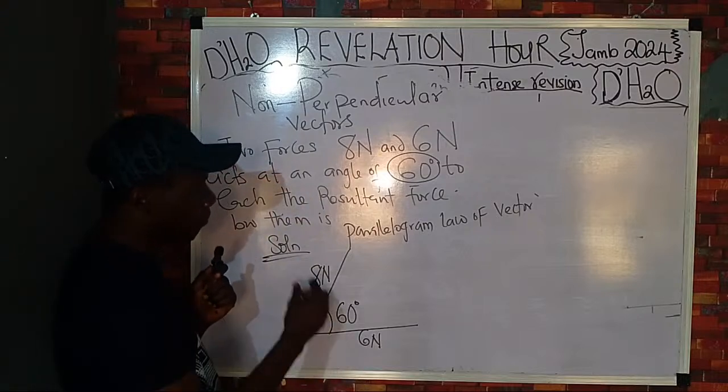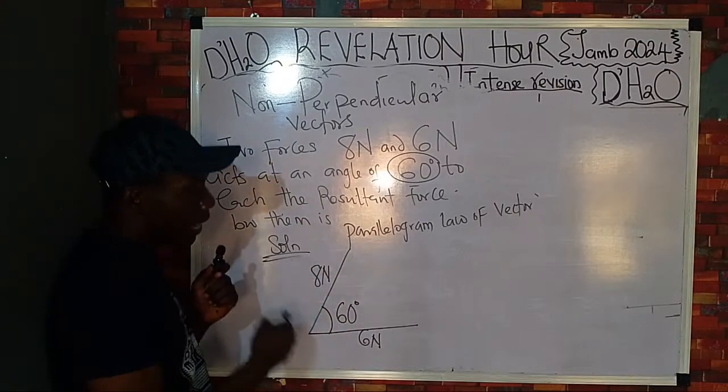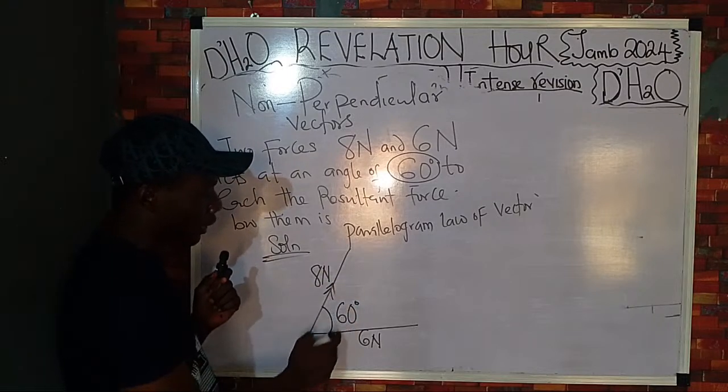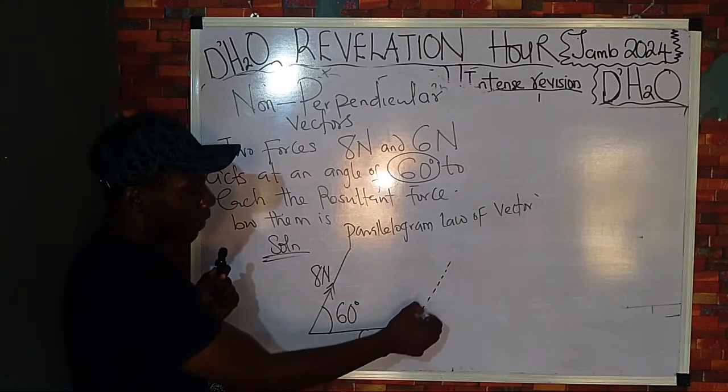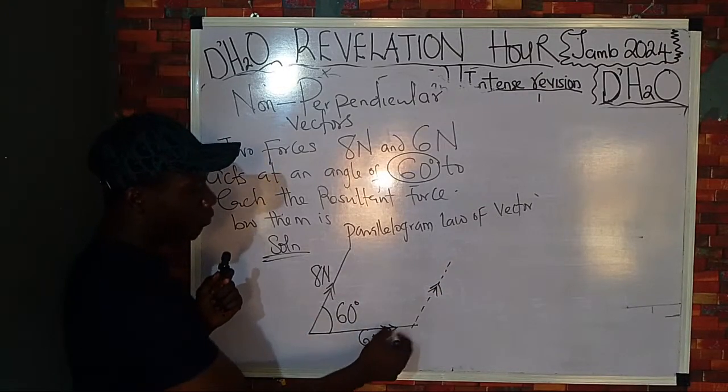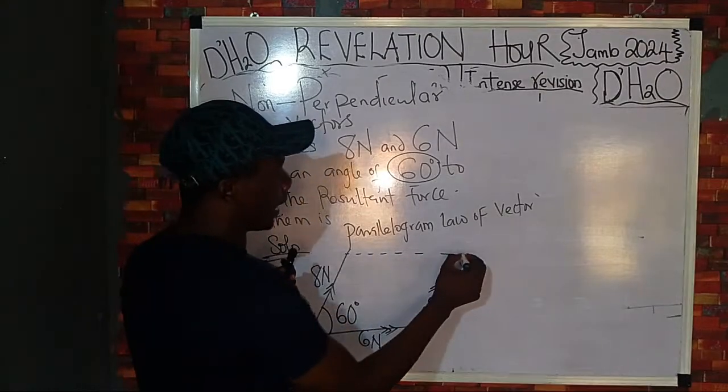How do I do it? Remember, it is called a parallelogram because the opposite sides are parallel to each other. So this side is to be parallel to this side, as you can see on the board. And this side is to be parallel to this side also.